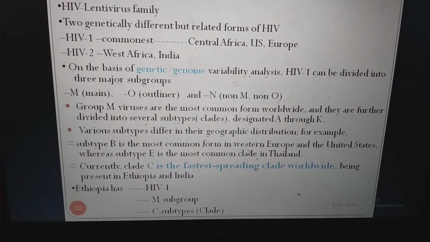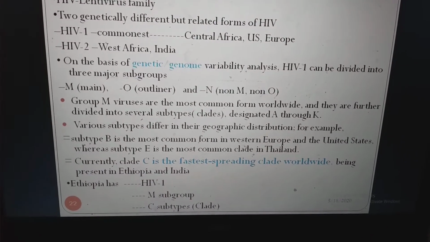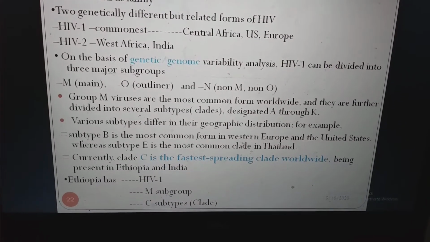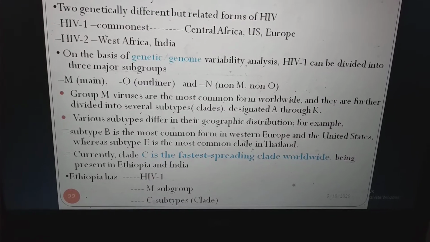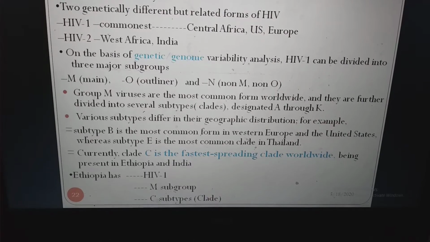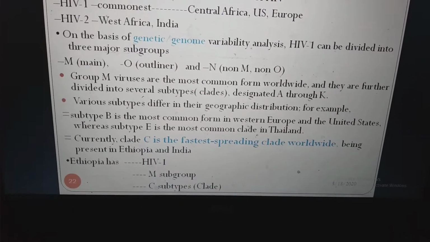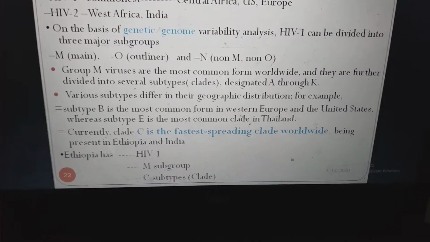For example, subtype B is the most common form in Western Europe and the United States, whereas subtype E is the most common clade in Thailand. Currently, clade C is the fastest spreading clade worldwide, being present in Ethiopia and India. Ethiopia has HIV-1, which are M subgroup and the C subtype or clade.